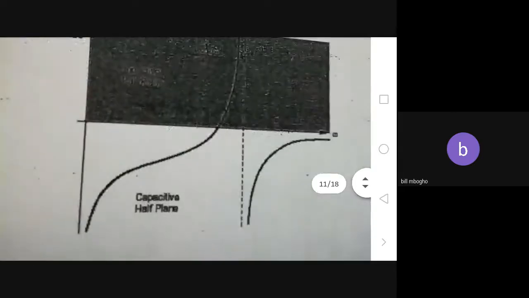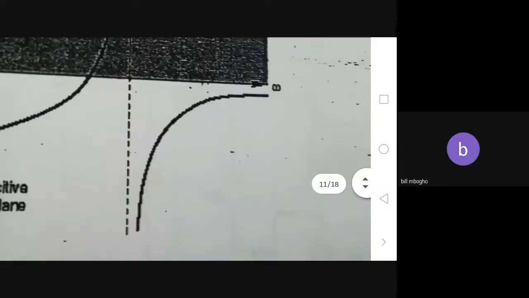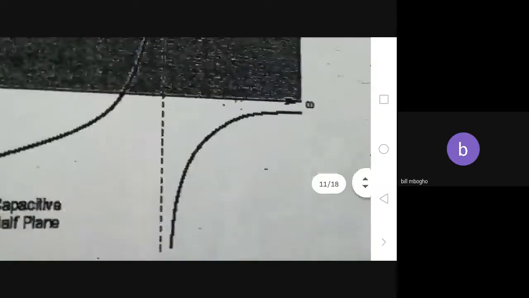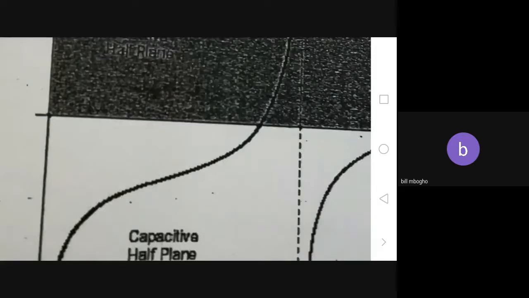It will have a capacitive half plane at the bottom. Then up here, I don't know if you can read it, but it's the inductive half plane. And then it will have that last part. Your FP and FS will be at the bottom right here, where you have the asymptote cutting the x-axis and where the line cuts the x-axis.